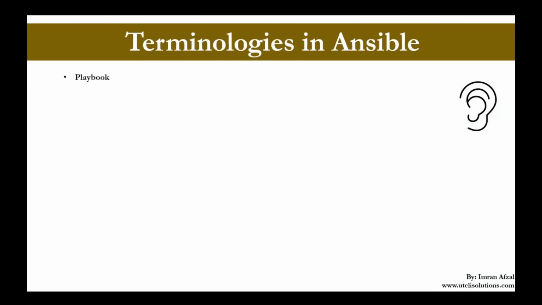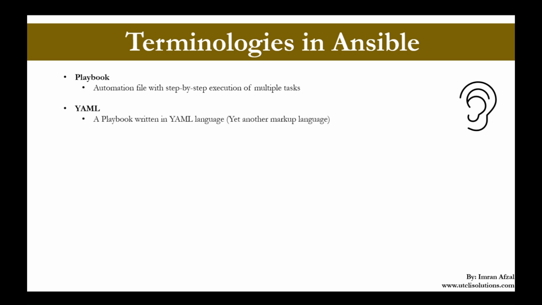All right, moving on. Then we have a playbook, an automation file with step-by-step execution of multiple tasks. So when you combine all those tasks, and each task would have multiple modules, that is written in a certain file. That certain file is called a playbook. YAML stands for yet another markup language.